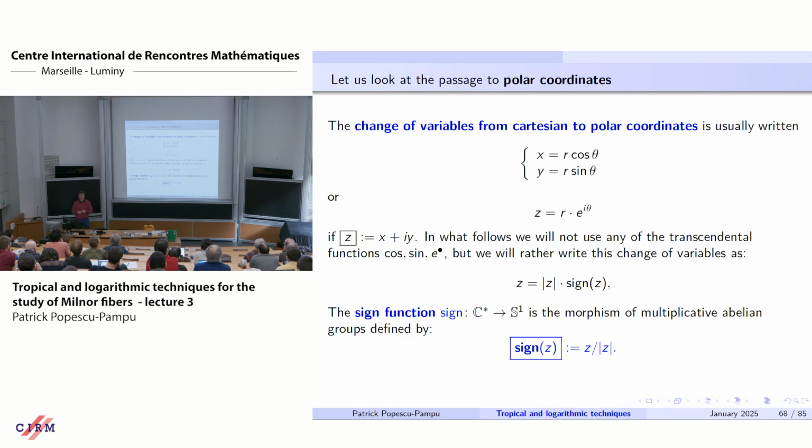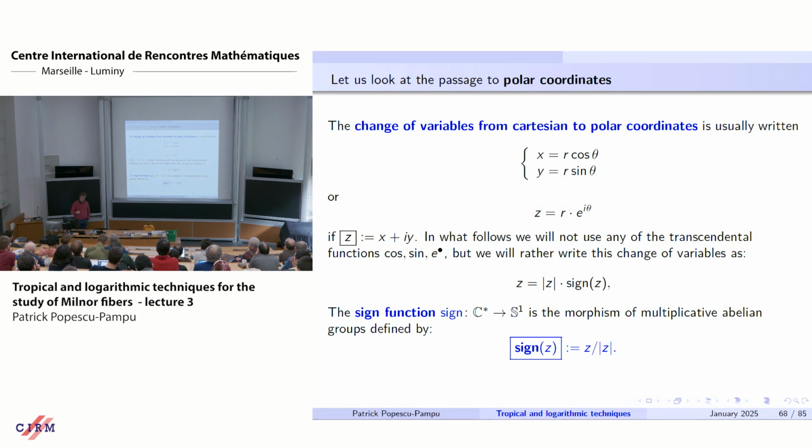So let's see. When we teach polar coordinates at first year of university, in general what we write is a first system. X is r cos theta, y is r sin theta. And using complex numbers, we teach them that this can also be written as z is r times exponential of i theta.